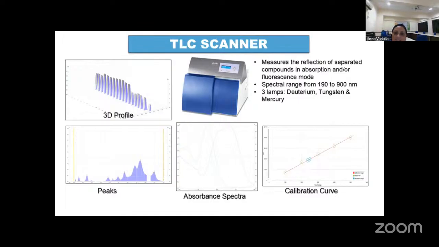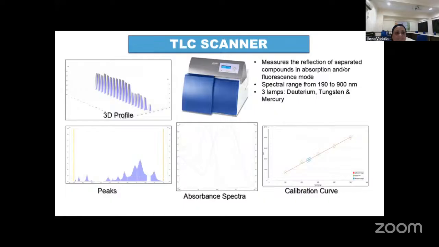This is the same as the UV range. There are three lamps: deuterium, tungsten and mercury. Deuterium is for 200 to 400, that is the UV range, tungsten is for the visible range 400 to 800 nanometer, and mercury is for the fluorescence mode.